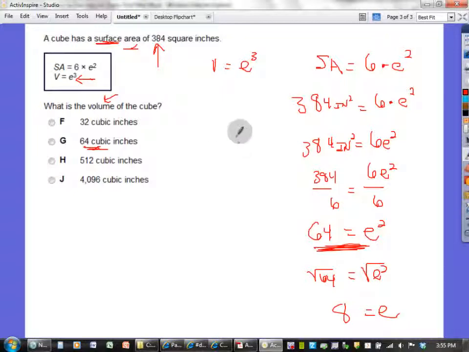So we have to be careful to make sure we know what we're looking for. So if I know what edge is, now I can just substitute it for edge in the formula, 8 to the third power, to find that volume, or I'm sorry, 8 raised to the third power is 512, in this case, cubic inches.